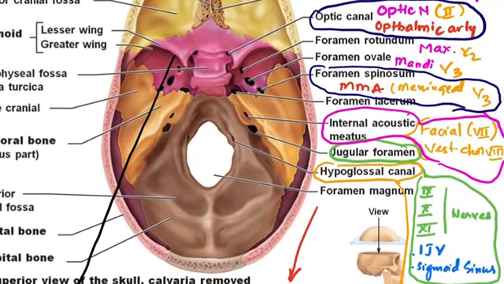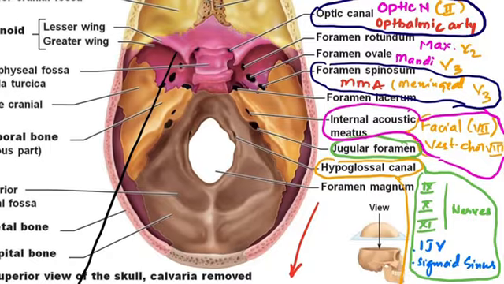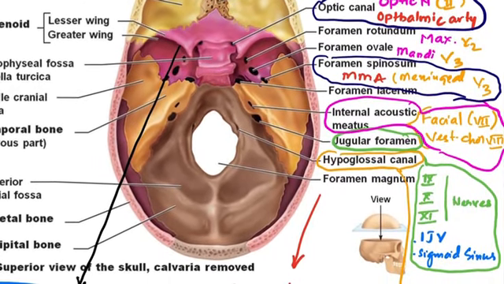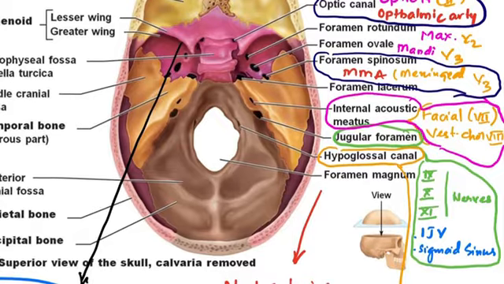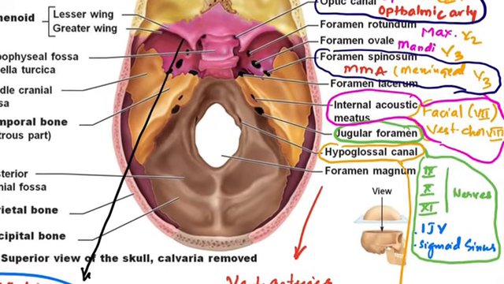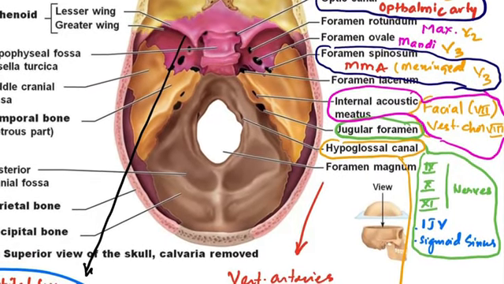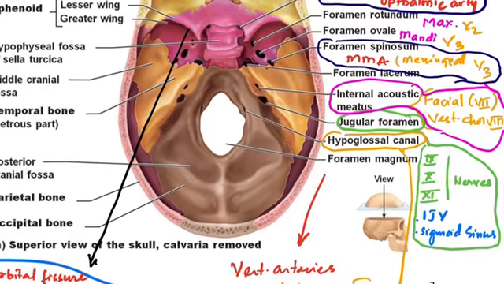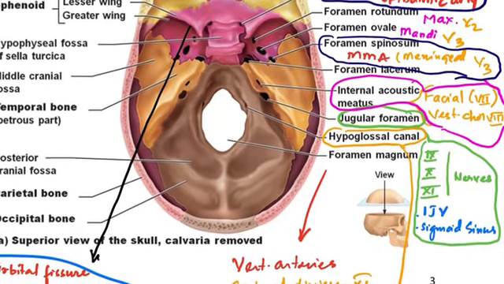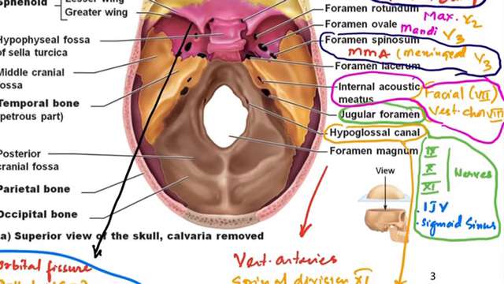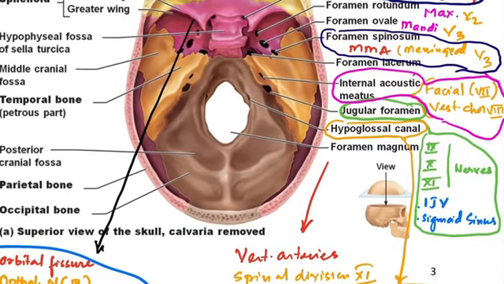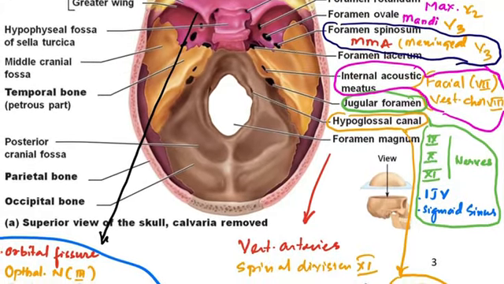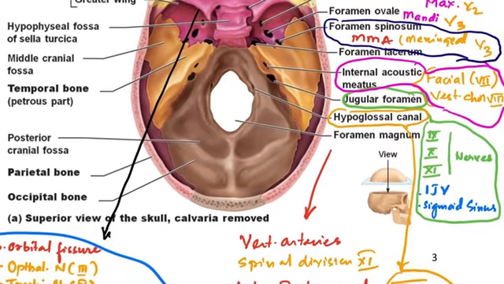After that there is the internal acoustic meatus, through which the important structures that pass are the facial nerve, vestibulocochlear nerve, vestibular ganglia, and labyrinthine artery. Then the large jugular foramen, through which pass the glossopharyngeal nerve, that is the 9th cranial nerve, 10th cranial nerve, and 11th cranial nerve, vagus nerve and accessory nerve, internal jugular vein, inferior petrosal and sigmoid sinuses.